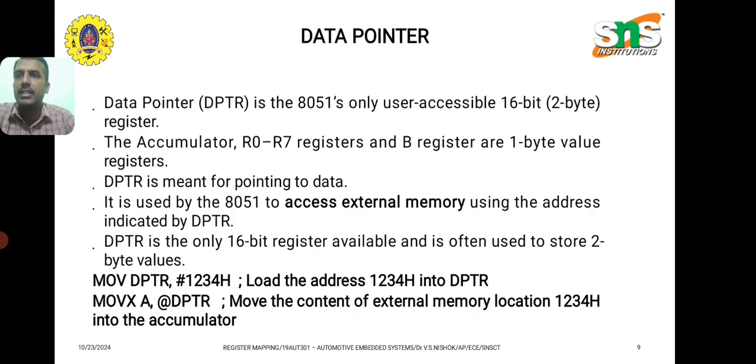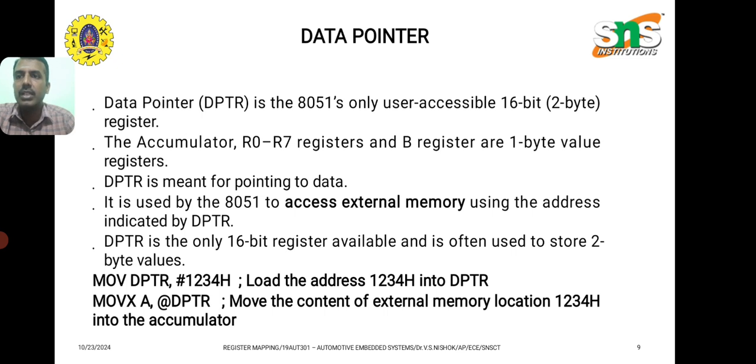Data pointer DPTR is the 8051's only user accessible 16-bit register. The accumulator, R0 to R7 registers and B register are 1-byte value registers. DPTR is meant for pointing to data. It is used by the 8051 microcontroller to access external memory using the address indicated by DPTR.